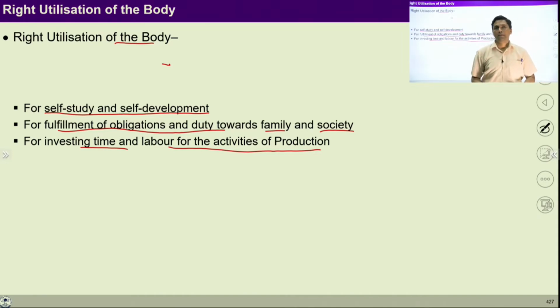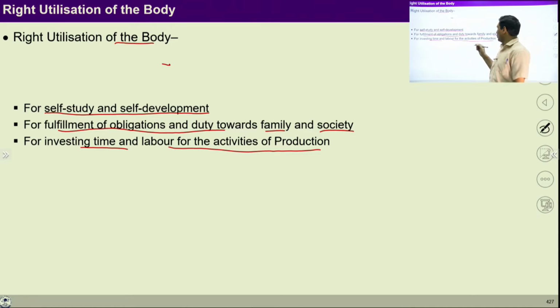If it is happening, it means I am rightly utilizing my body. Similarly, if I am able to fulfill obligations and duties which are expected from family, from society, it means I am rightly utilizing my body. Similarly, if I am interacting with the rest of nature, making effort, making labor with the rest of nature for production, I am rightly utilizing my body.